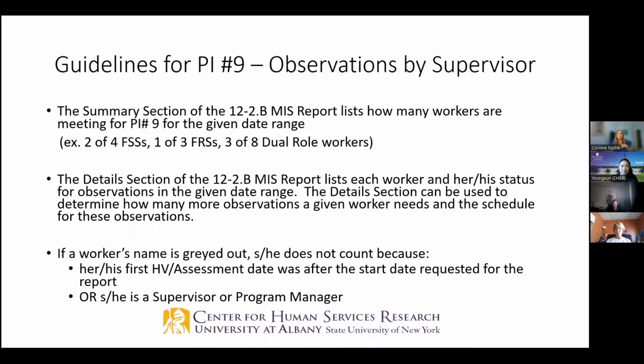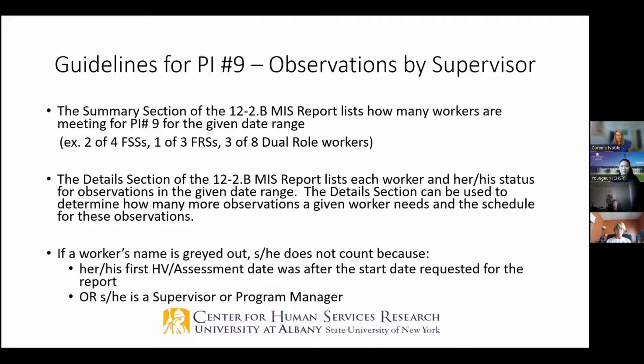Program managers and supervisors are not counted towards the PIs either, but everybody is listed on this report so that you can, for example, in the case of the new staff, still start organizing those observations. That new staff might need even more observations than just the 4 or the 2 that are requested. So you want to make sure that you have them listed there on the report.